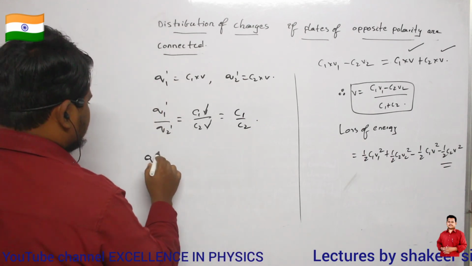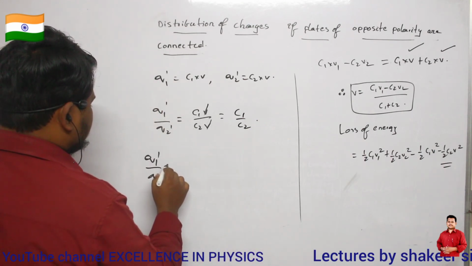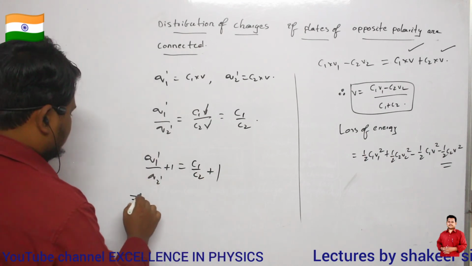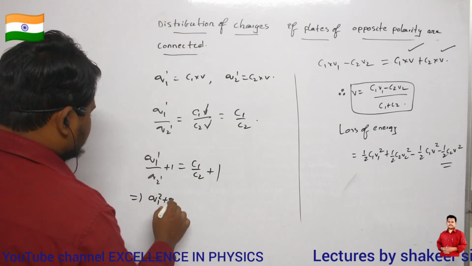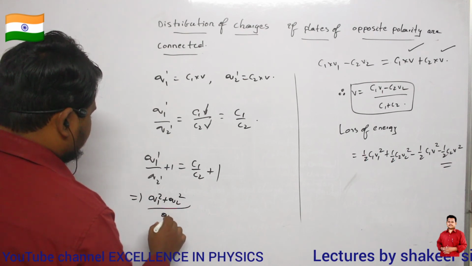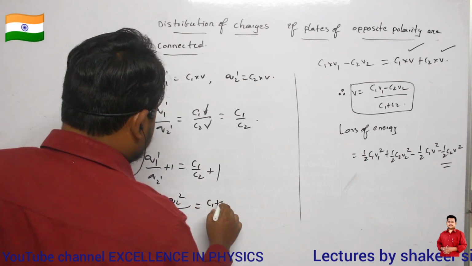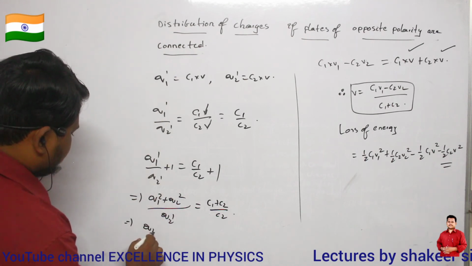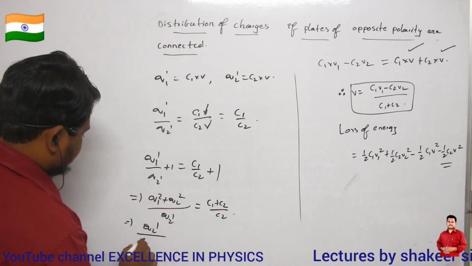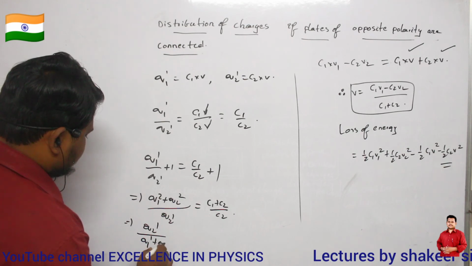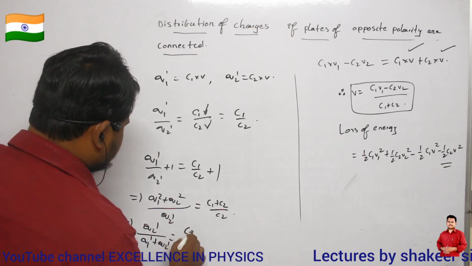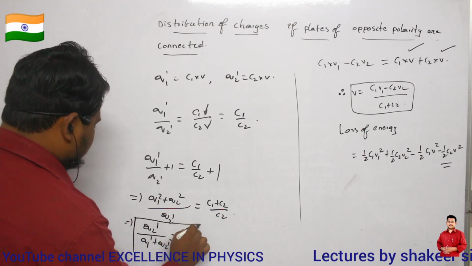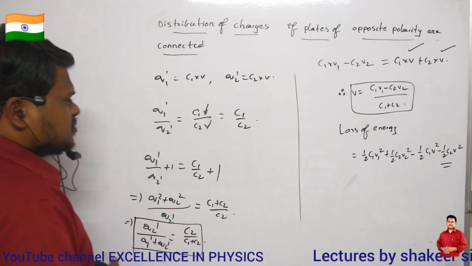So Q1 dash by Q2 dash plus 1 is equal to C1 by C2 plus 1. So (Q1 dash + Q2 dash) divided by Q2 dash is equal to (C1 + C2) divided by C2. Therefore, Q2 dash divided by (Q1 dash + Q2 dash) is equal to C2 divided by (C1 + C2).